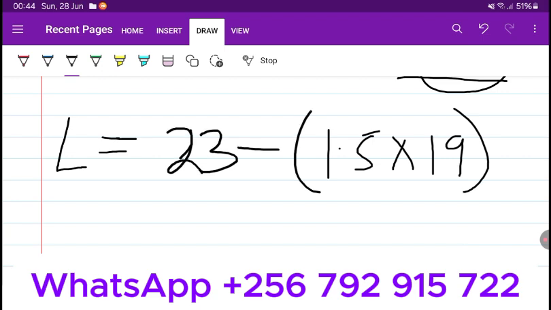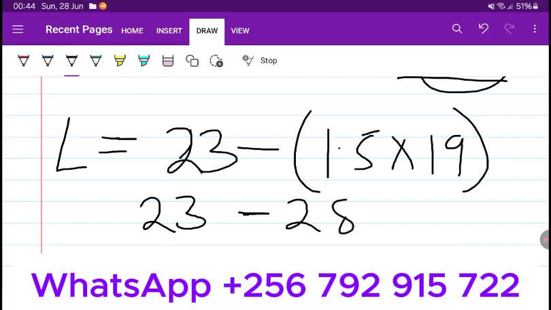The interquartile range was 19, multiplied by 1.5, it gave us 28.5.